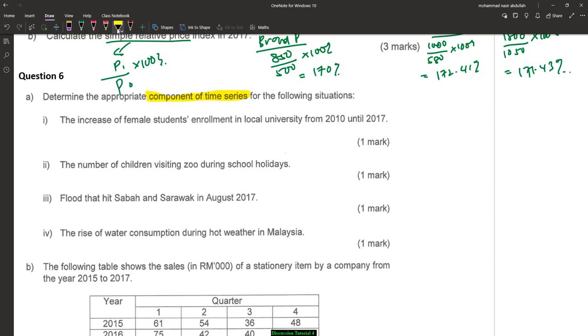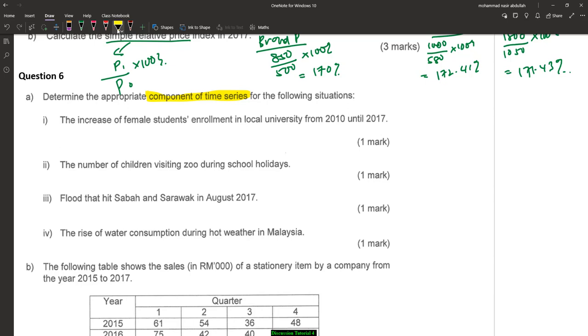Cyclical is a long-term movement, dia akan ulang balik dalam masa yang panjang, usually in 10 years, economic recession kan. Itu one of the example. And then kita ada irregular. Irregular means something happen and then the next day dia balik kepada biasa.